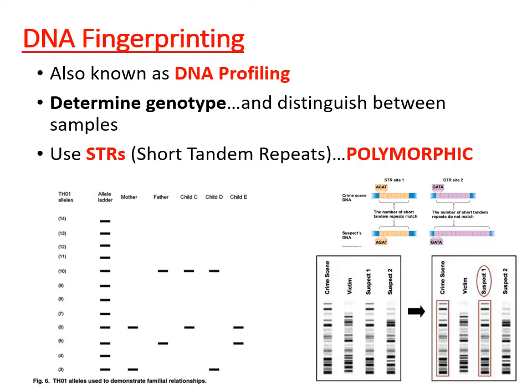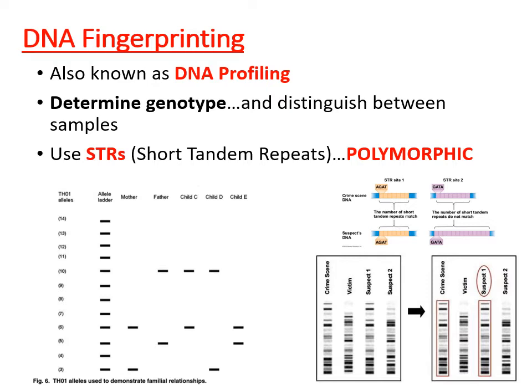Basically, over 99.5% of your genome does not vary from the next person. So if you use the majority of DNA sequences to try and distinguish between two people, it's very difficult because most of that genome is the same. STRs are polymorphic, meaning they have different forms, so they vary between people.